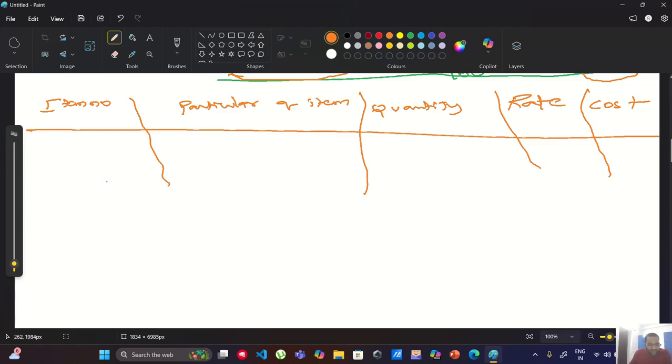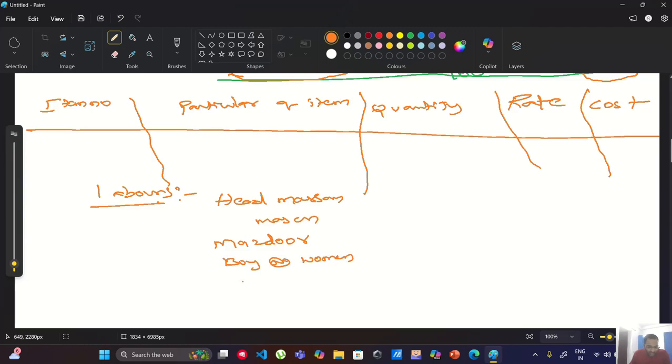Before starting the quantity calculation or rate calculation, we already finalized the quantity. Okay, and a very important concept is labors. The standard types of labors we already discussed: head mason, machine, mazdoor, boy or woman coolie, and bhisti. But the count is very important.